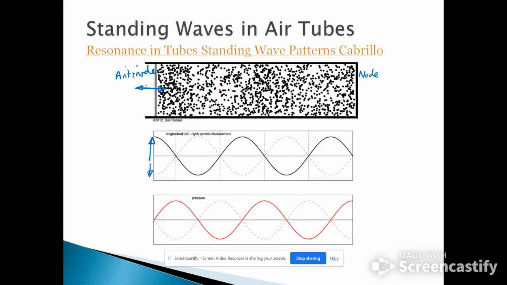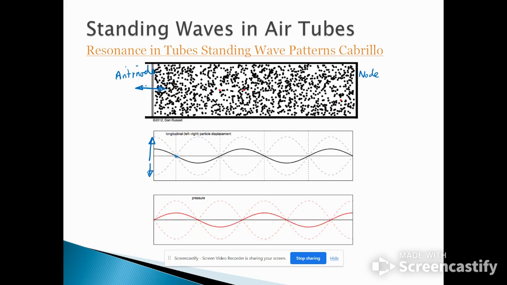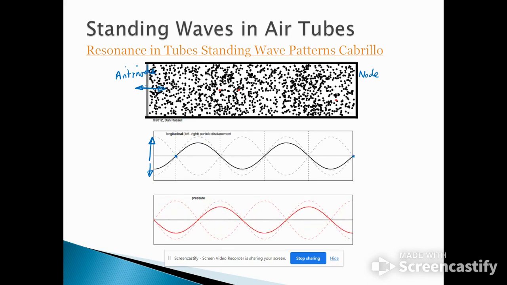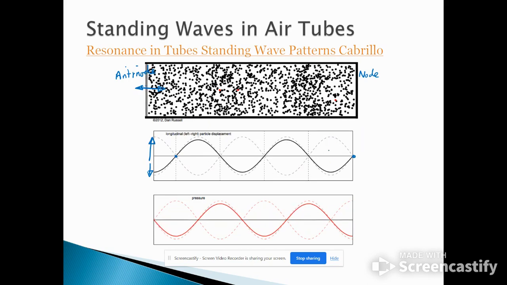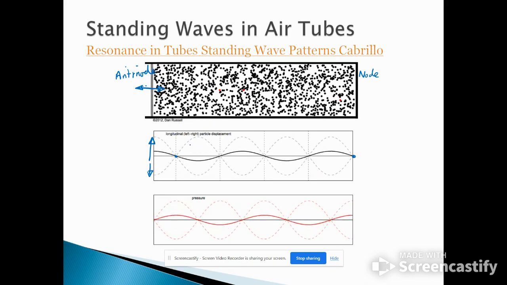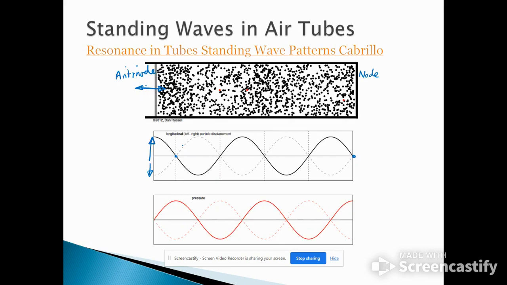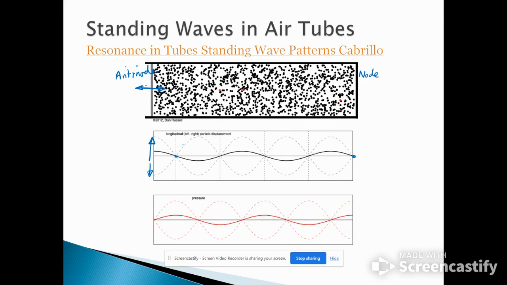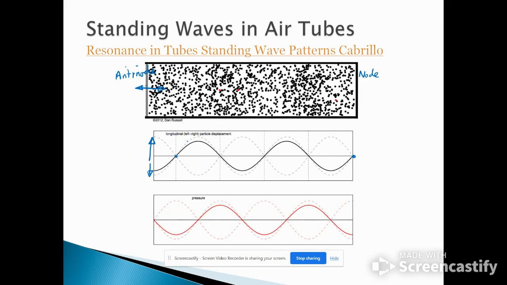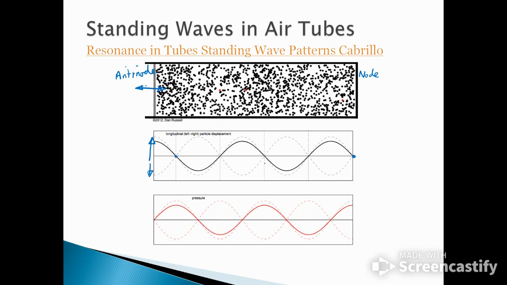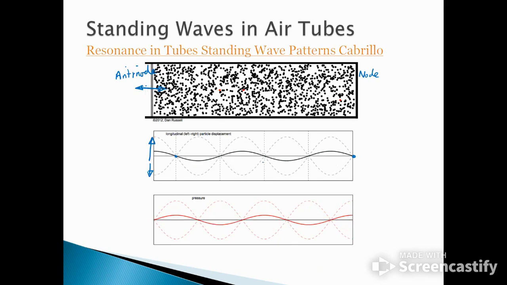And then we have nodes where the molecules are not moving. And then there's another node right here. And there's another antinode right here. So it's a convenient way of drawing longitudinal standing waves where you don't have to draw those dots, because it's pretty much impossible. So that's just something to keep in mind.